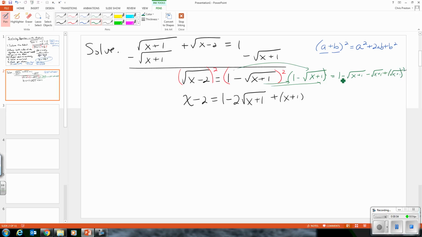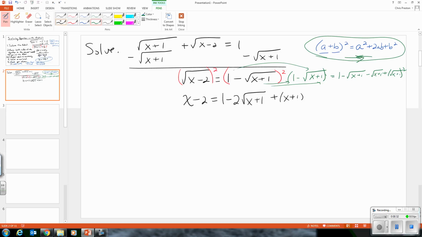You get 1. You get 2 of these, so negative 2 root. And then you square the square root and you get x plus 1. So it's the same thing. If you feel more comfortable FOILing it out, go ahead. But really learning this pattern here is very valuable. For one thing, it's good going the other way when you're factoring this perfect square trinomial, but going this direction as well is very important.